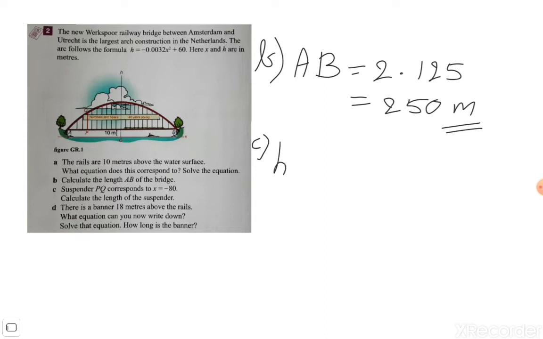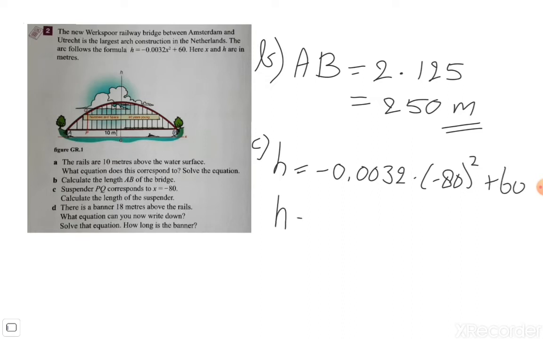So h is equal to minus 0,0032 times, be aware, minus 80 is a negative number, so inside the bracket minus 80 squared, plus 60. Then you get the height of 39,52 meters.